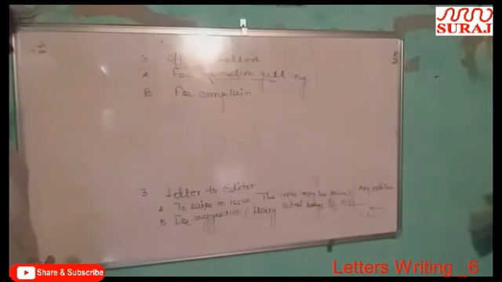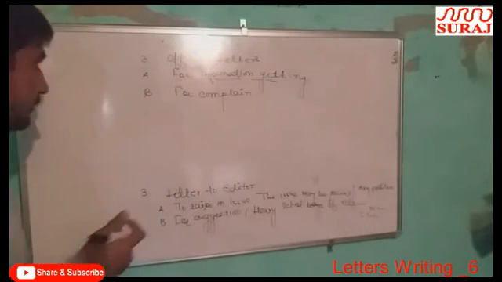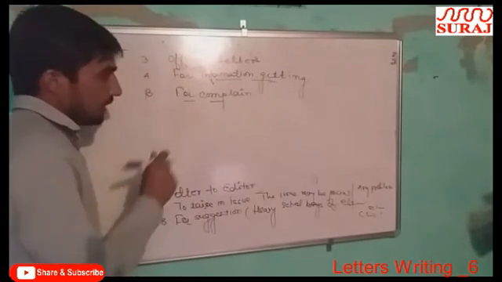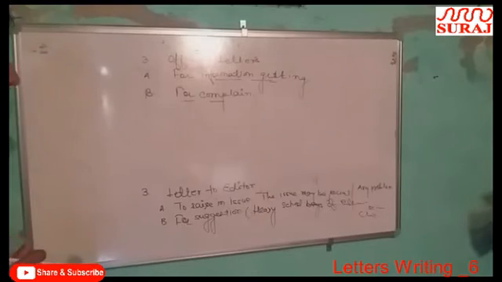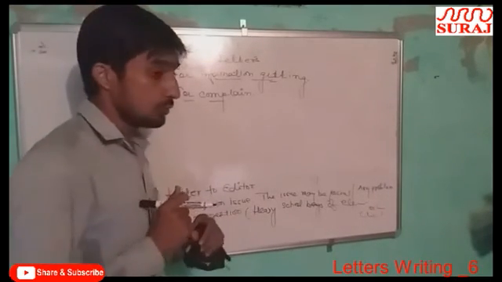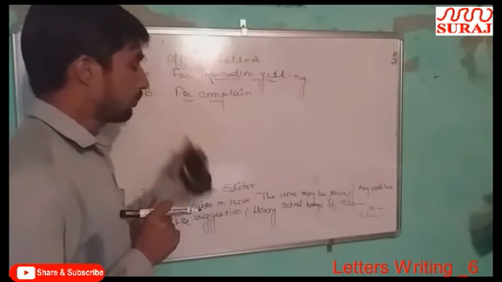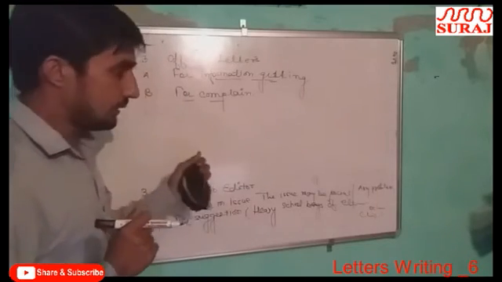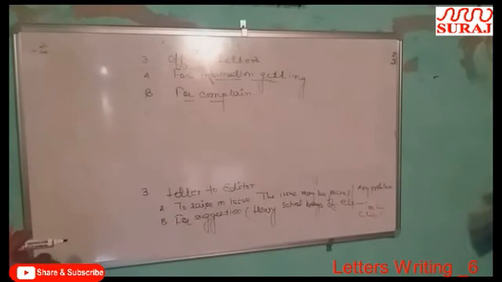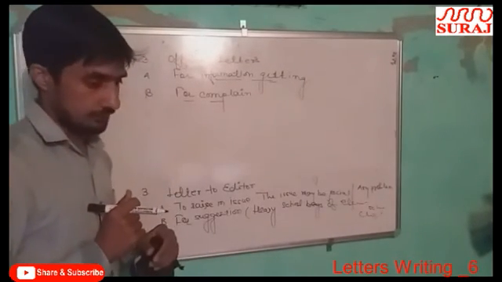You also write a letter to the relevant authority. Second one, for complaint, that your area is facing a difficulty of water supply. Your area is also facing a difficulty of frequent power cut, and many more issues that you can see in the books and in different ways.